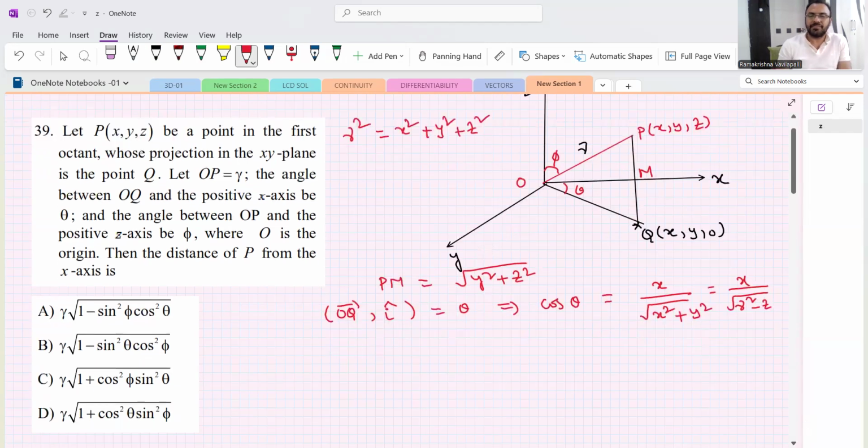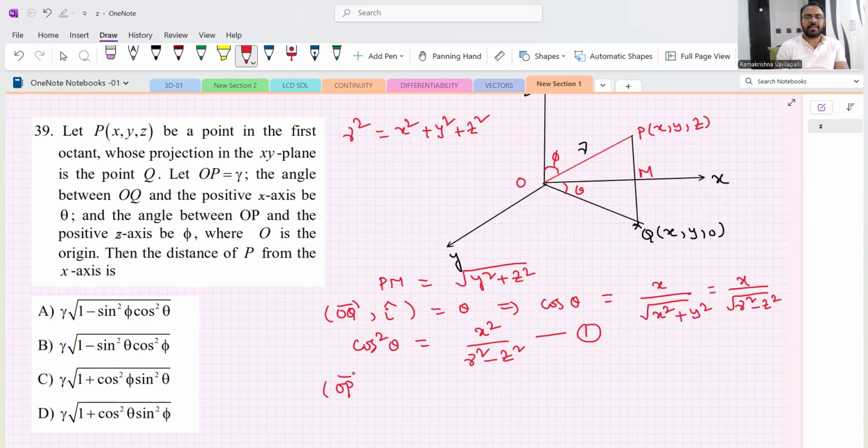Got it? So what is cos square theta? It is nothing but x square by gamma square minus z square. This is equation 1. Now the angle between the OP vector and k cap is given as phi.